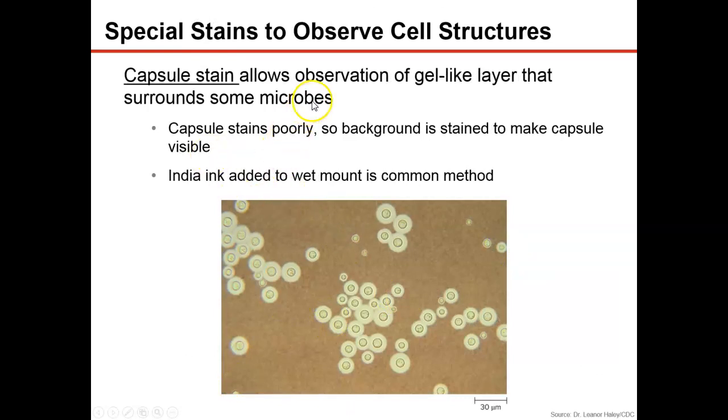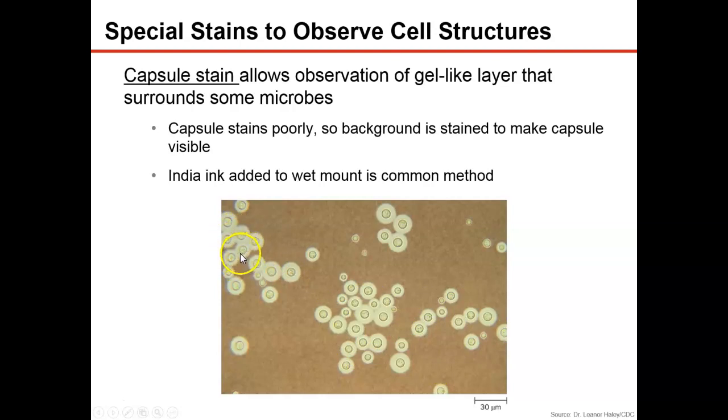A capsule stain is very much like a negative stain. So with the capsule stain, we start out with a negative stain that colors the background. Once the slide is dry, we then add safranin to the slide, and then we blot with bibulous paper.